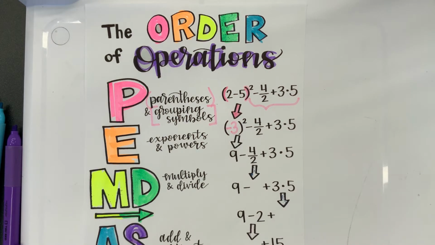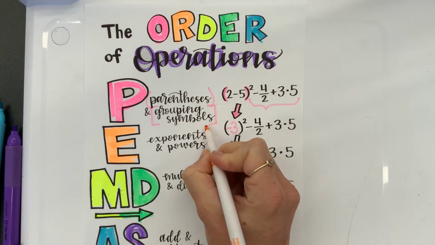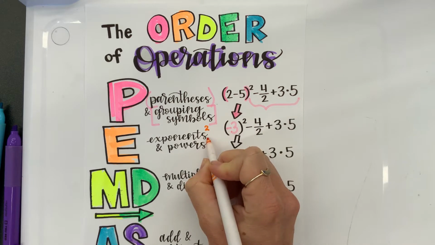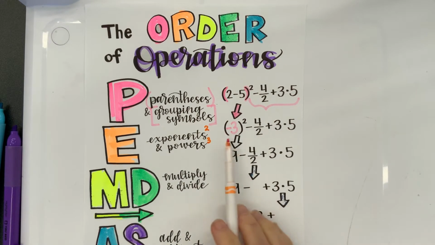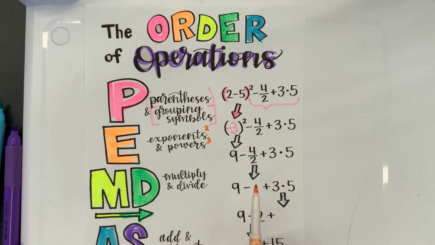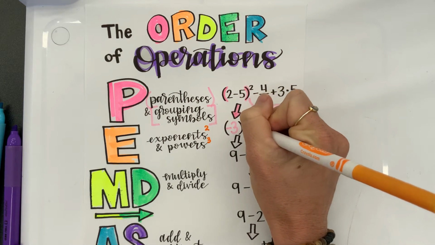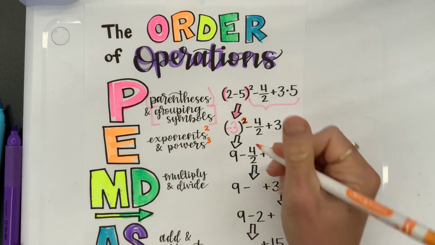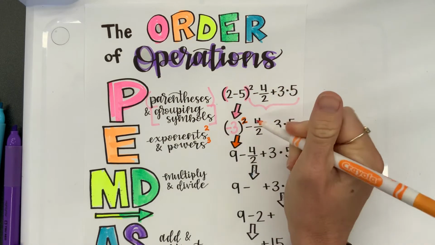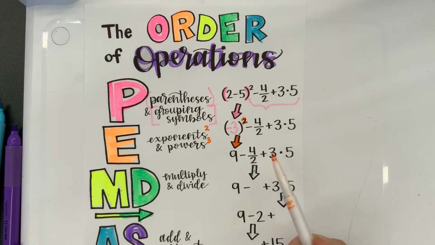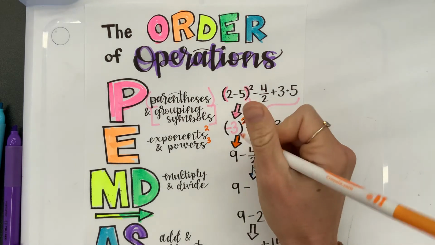All right, so the next step in the order of operations is exponents and powers. So we mean, if you have a little something like this, a square or cubed, that is what you're going to do next. Again, I'm going to scan my expression and find, here's an exponent. So that's the part I'm going to do next. Negative 3 squared means negative 3 times negative 3, which gives us a positive 9.